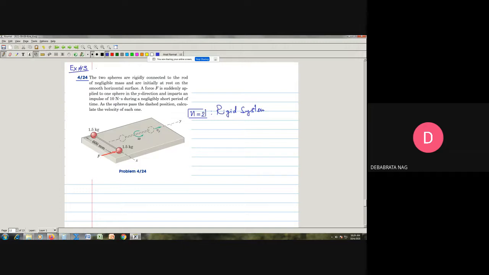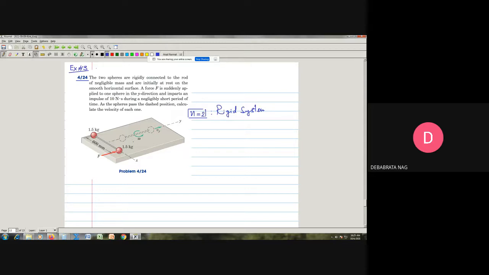That means this is in the horizontal plane, so the gravity weights are acting down onto this plane and are not contributing anything towards the motion taking place in the xy plane. So this force F is suddenly applied to one sphere in the y direction as shown and imparts an impulse of 10 Newton seconds during a negligibly short period of time.